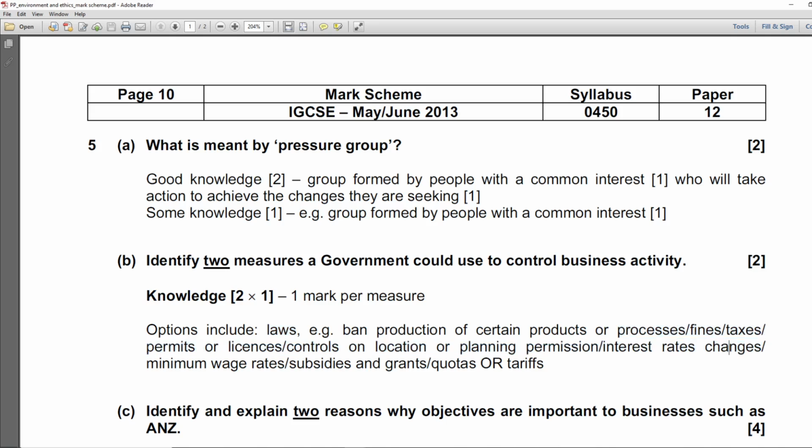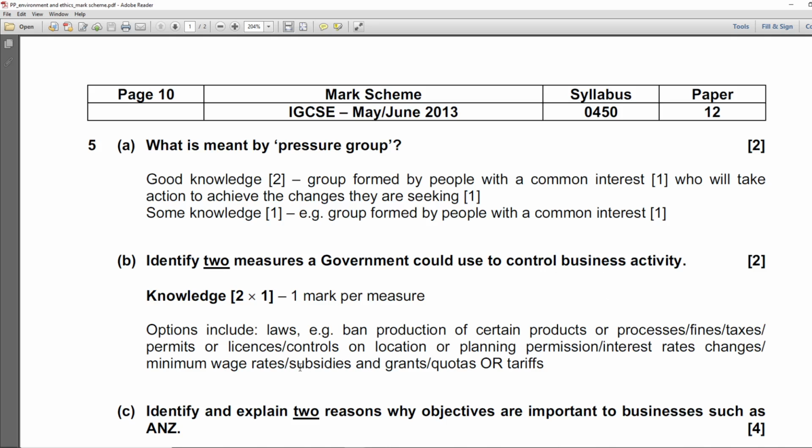When you talk about price control, that's fine. Licensing, permits, they are all good. Minimum wage legislation, I would say that is part of laws. If there's a minimum wage, of course it's going to affect and control business activity, because it will affect the cost of production and the workers.